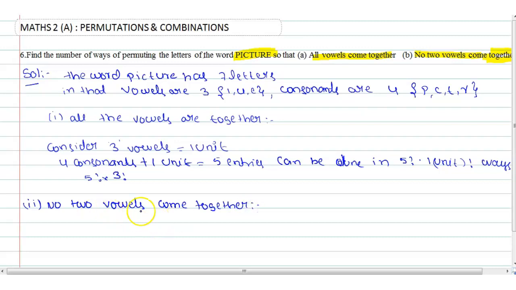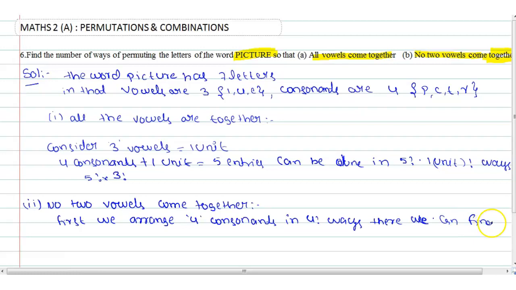In this case, we need to first arrange the 4 consonants in 4 factorial ways. There we can find 5 gaps.